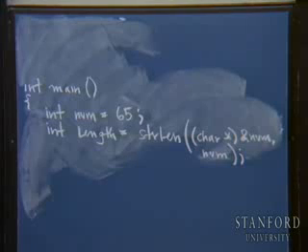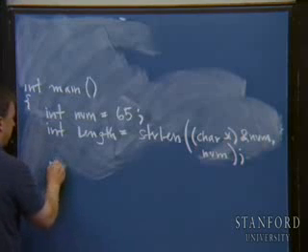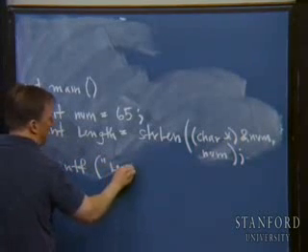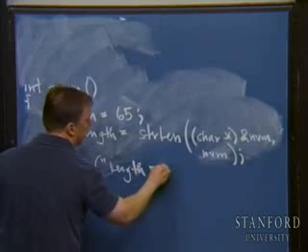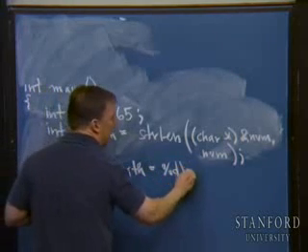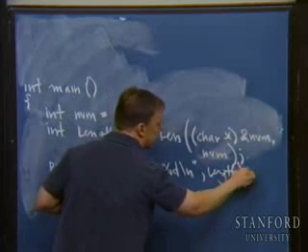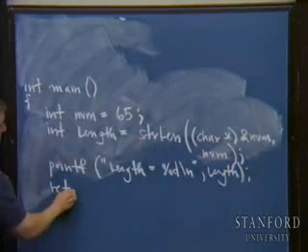Okay. So I'm calling strlen in this completely bogus way. I want to printf length equals %d \n. I'll just put length down, and I will return 0.